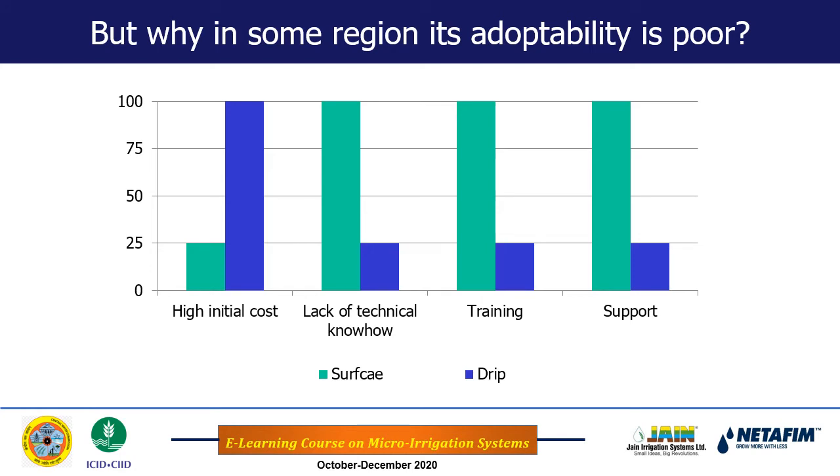So what we have seen in detail are the different advantages and benefits associated with the drip irrigation method, and at the same time its limitations as well, and we have to overcome these limitations. This is our main task as well, and for that such kinds of training are being practiced.